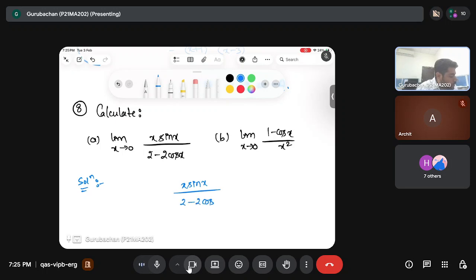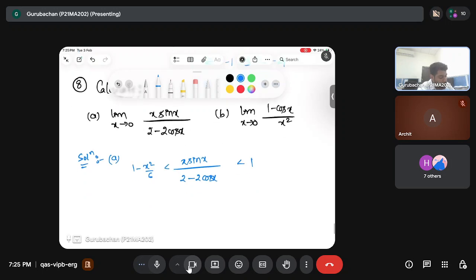So this function is bounded above by 1 and bounded below by, I hope it will be now helpful for you to decide. So tell me, what is the limit at 0 of 1 minus x square by 6?